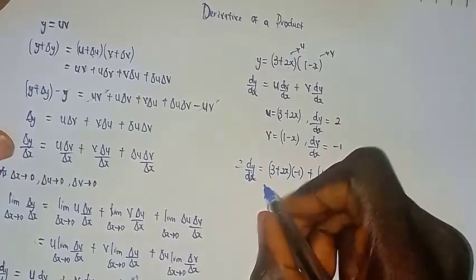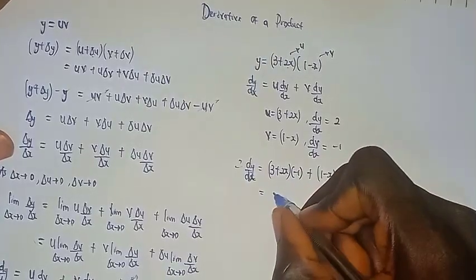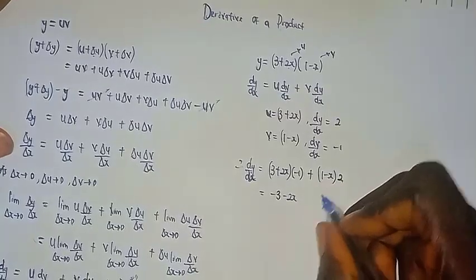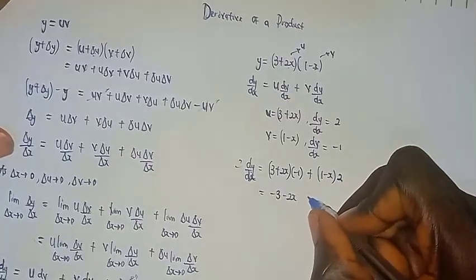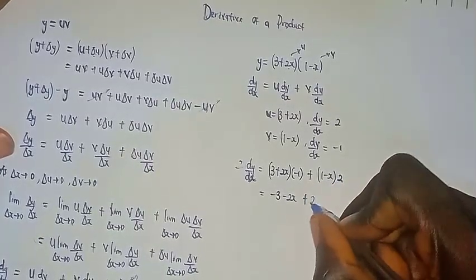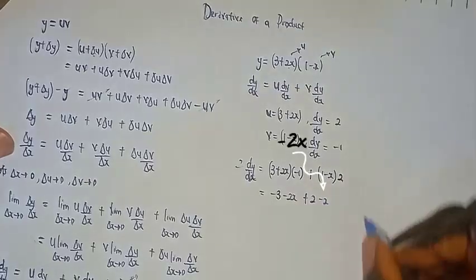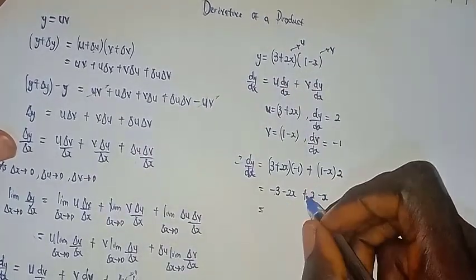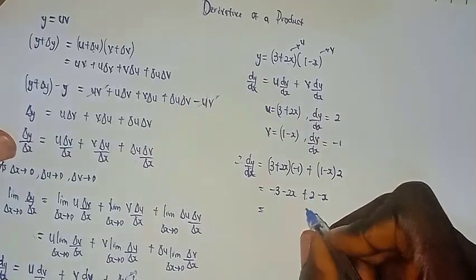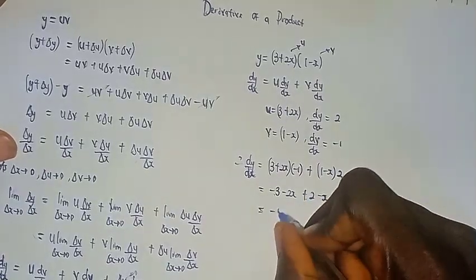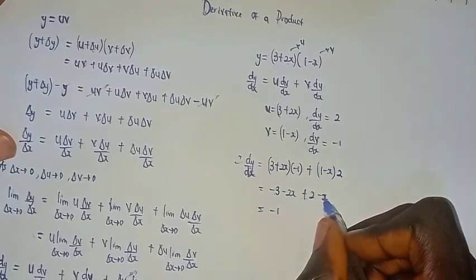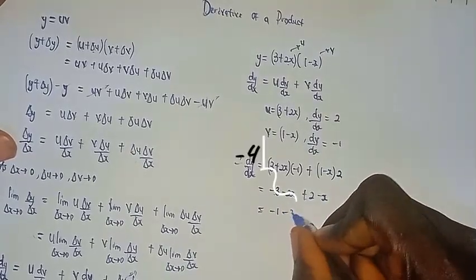So if we open this bracket further, we have minus 3 minus 2x, and then this becomes plus 2 minus x. So we can simplify this further. Minus 3 plus 2 becomes minus 1, and then minus 2x minus x becomes minus 3x.